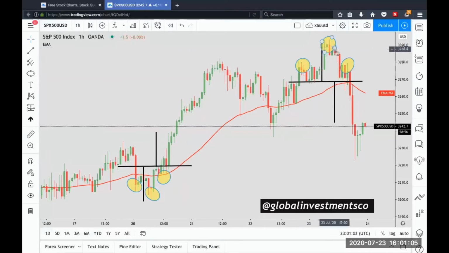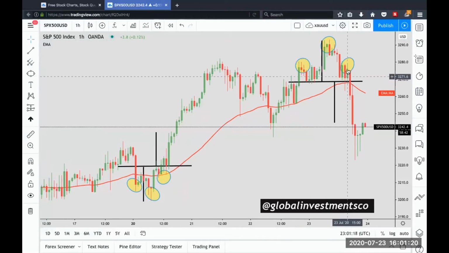So that was a found resistance level, pushing market level down. Okay, then it went to retest that neckline. Then it made the lower high at 32.80, and the main thing that we wait for is confirmation in the market.